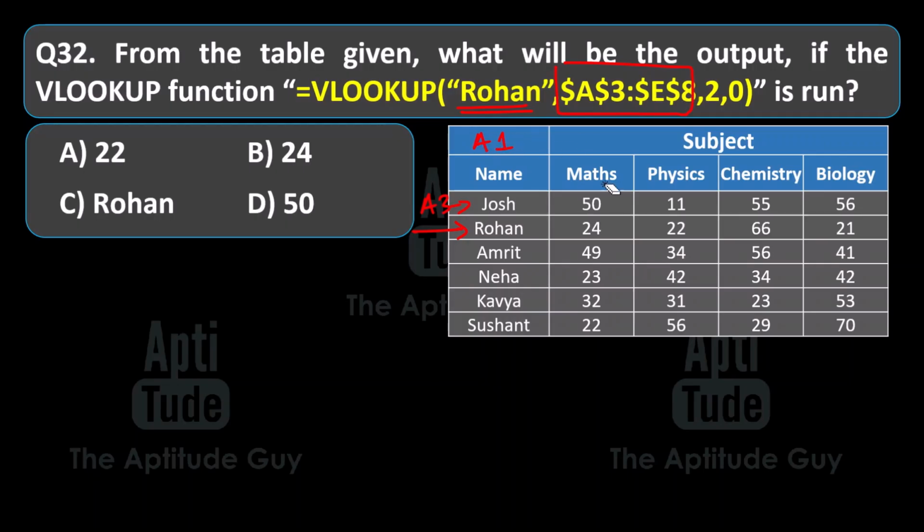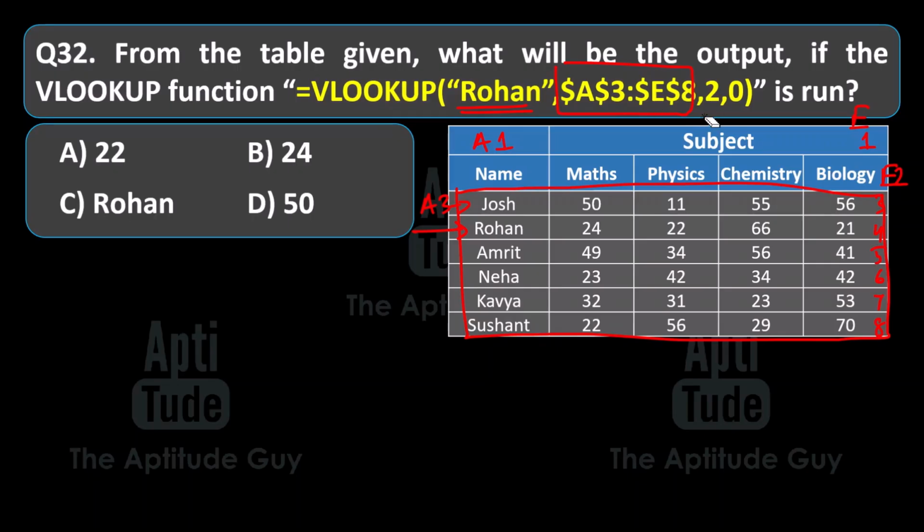This is A. Then we have B, C, D, E. This is E column. And what is 8? This is 1, 2, 3, 4, 5, 6, 7, and 8. So basically the range is this entire data.